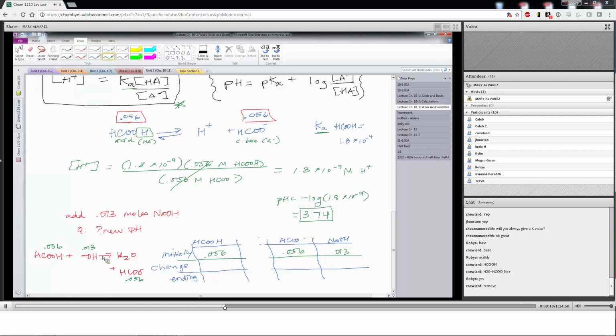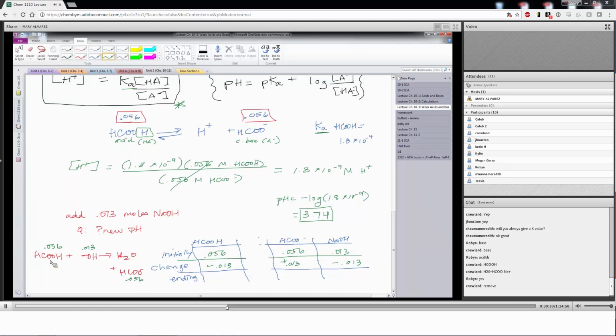It's going to remove. So the change here for the HCOOH is I'm going to remove 0.013 moles. Right? As this reacts, they remove each other, and in the process they're going to form, I hope you guys see, an additional 0.013 moles of my conjugate base.